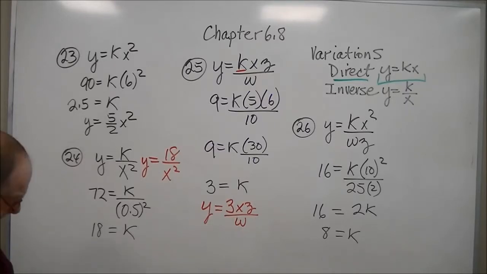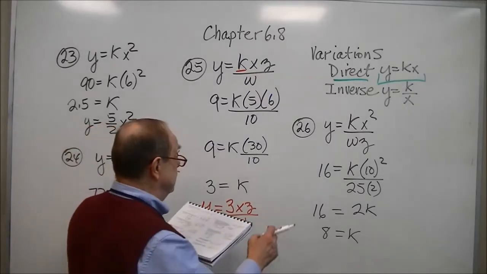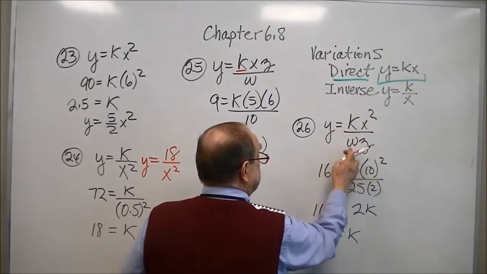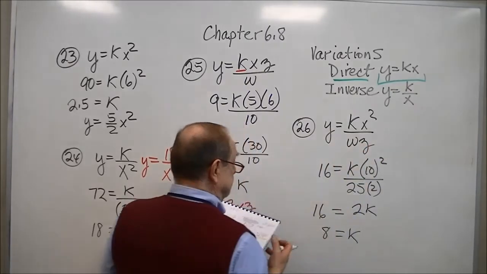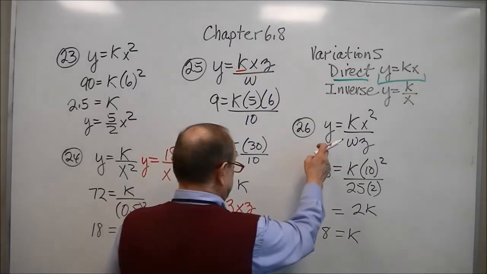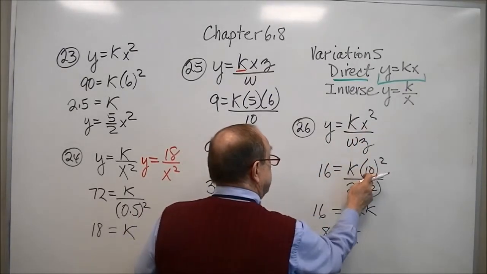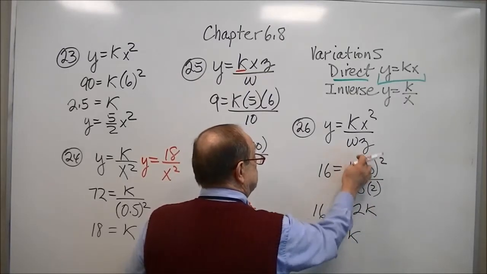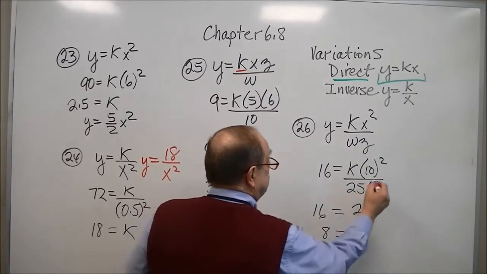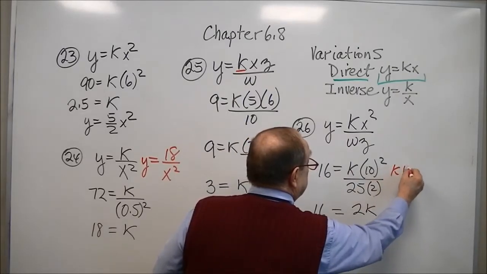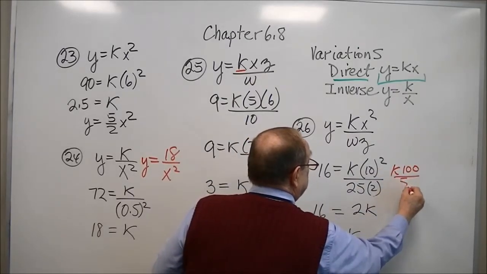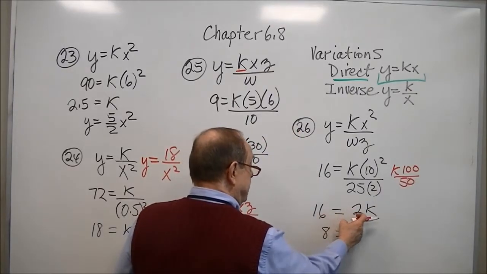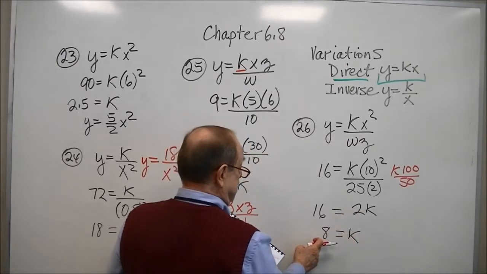All right, number 26. It says y varies directly as the square of x, and inversely as w and z. Then they're going to give you, for y, 16, for x, a 10. Remember, you need to square the 10. W is 25, and z is 2. Well, can you see that this becomes then k 100 over 50, which will become 2. You divide both sides by 2, you get k is 8.